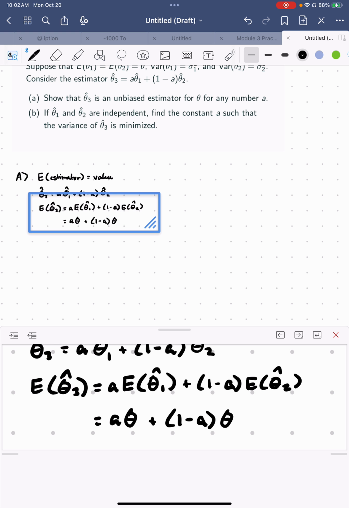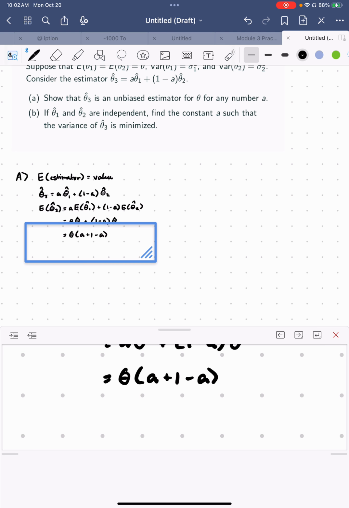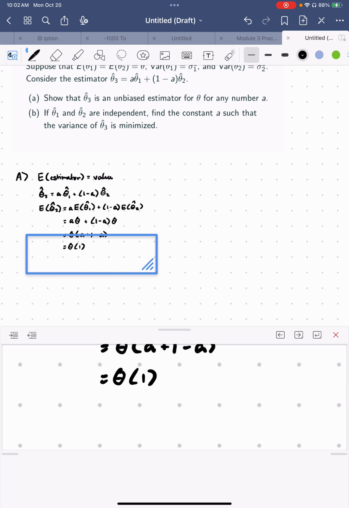And then we can rearrange this. So this is theta times A plus 1 minus A, and that is the same thing as theta times 1, which is just theta, since the A's cancel out.